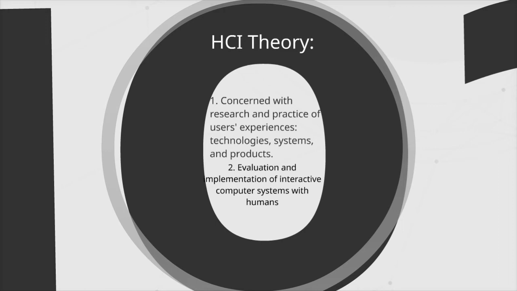And more importantly, the scientific evaluation of the implementation of interactive computer systems with humans. Everything we do is mostly for human consumption. Whether it's designing a robot to work on a shift line building cars or welding, or whether it's a simplistic viewer for sight-impaired students so that it enlarges the text.